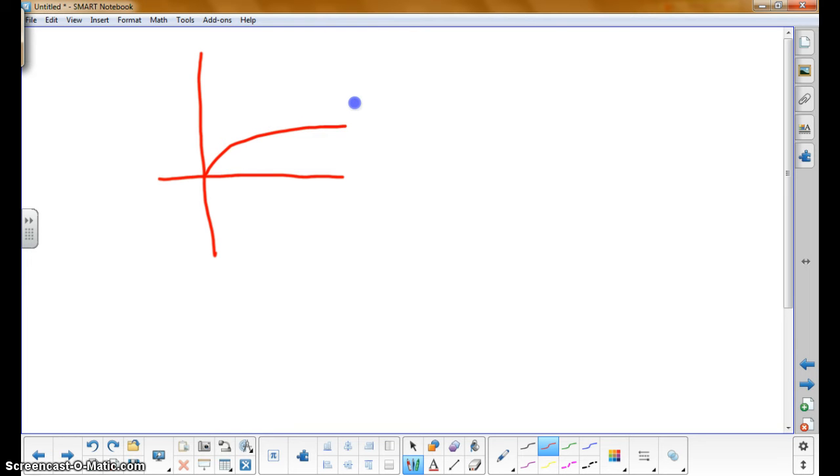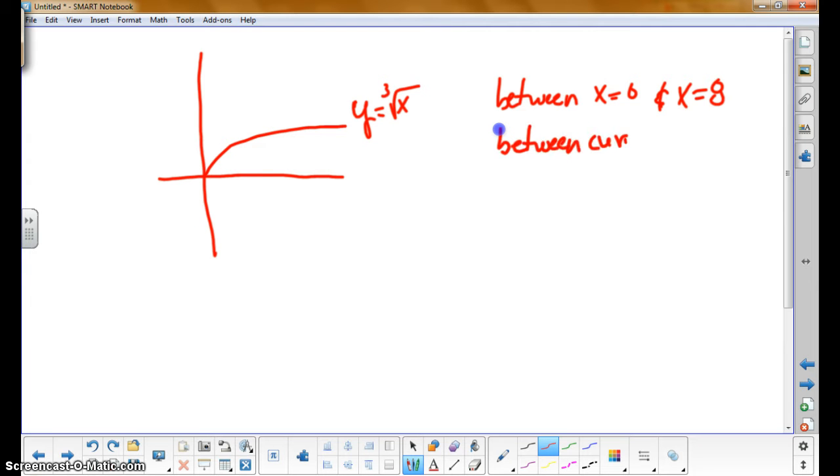We're going to use y is equal to cube root of x, and between x is equal to 0 and x is equal to 8. And we're going to, between curve and x-axis. But we're going to do something a little bit different.